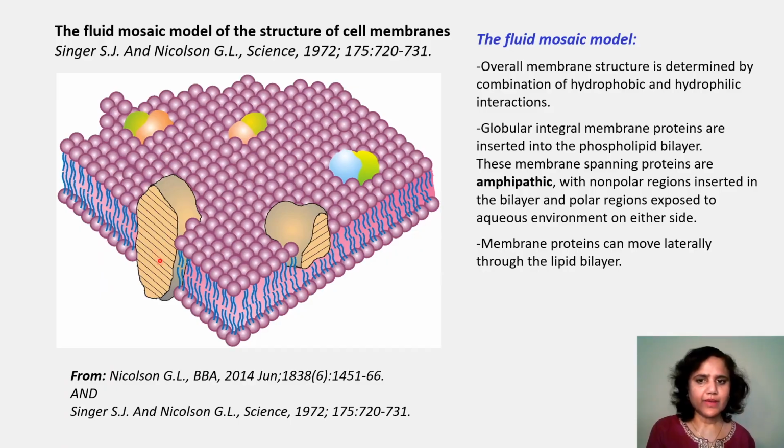Globular integral membrane proteins are inserted into the bilayer. These membrane spanning proteins are amphipathic, with non-polar regions which are inserted in the bilayer and polar regions exposed to the aqueous environment on either side. The membrane proteins, according to this model, can move laterally throughout the lipid bilayer, that is, they are free to move.